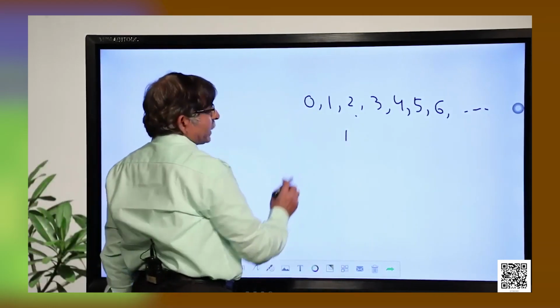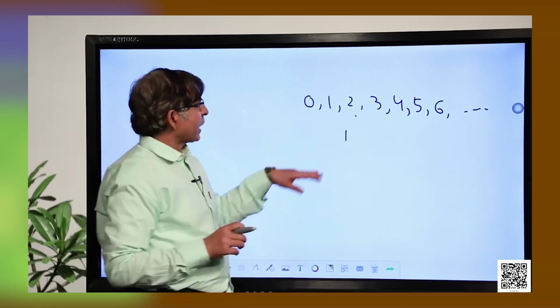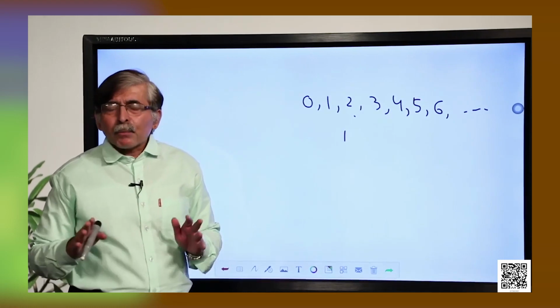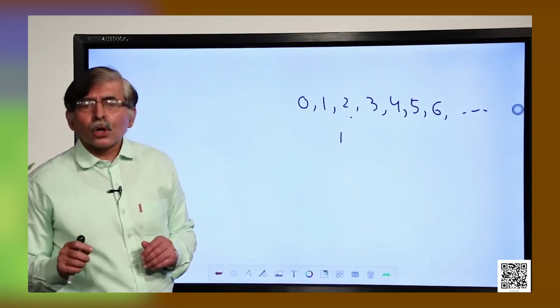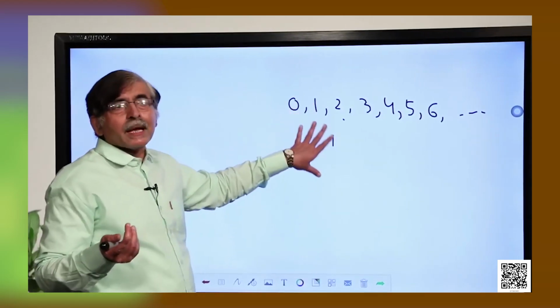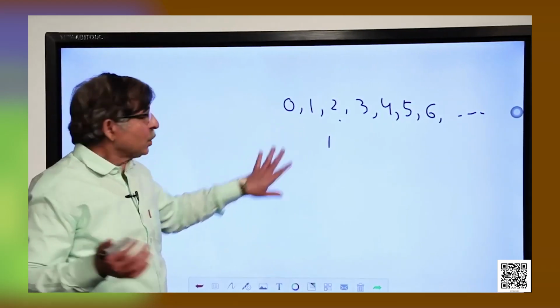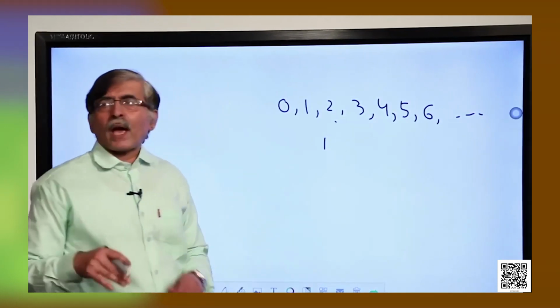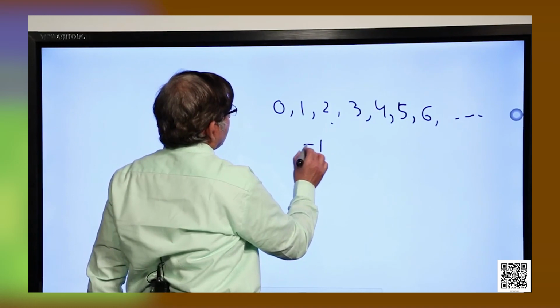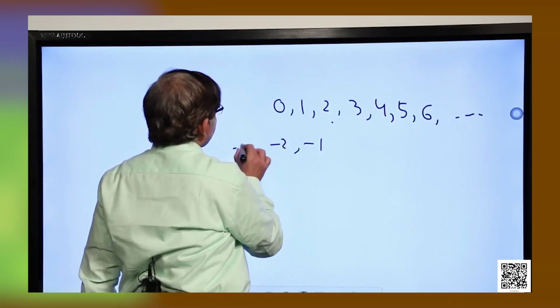Now, we have already said that integers are a bigger collection of numbers. Whole numbers we have discussed and natural numbers we have discussed. There is one more thing we have introduced, negative numbers, like -1, -2, -3.